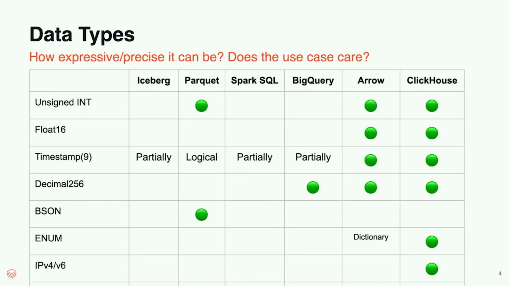So I'll give you a few more examples. These are some not so popular, but still quite useful data types. Let's start with maybe float 16. Float 16 means reduced precision for float.